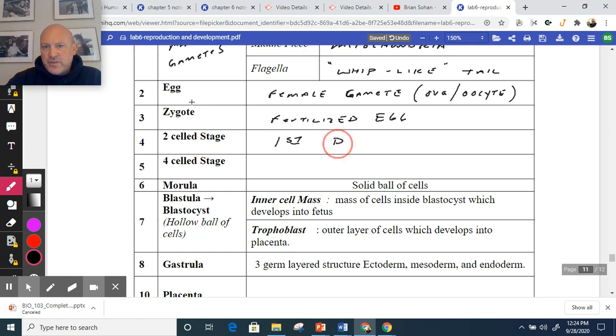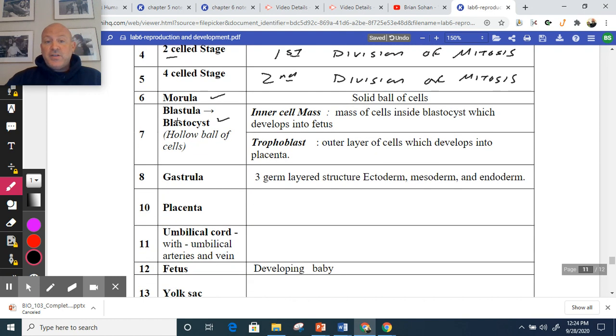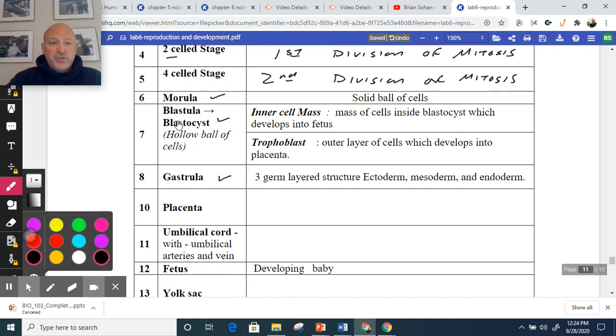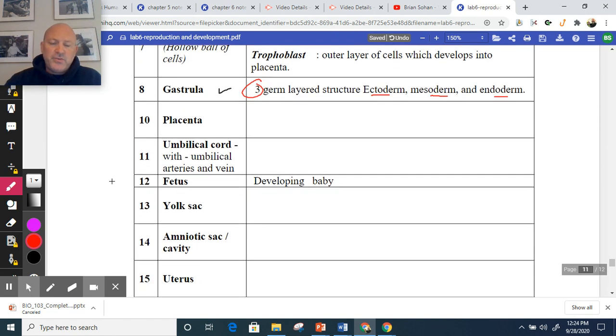So after the first division of mitosis, we have what's called the 2-cell stage, and then we have the second division, which brings us to the 4-cell stage, followed by the morula stage, and then the blastula stage, and then the gastrula stage, which is featured by the presence of the 3 germ layers, including the ectoderm, the mesoderm, and the endoderm. Remember, these 3 germ layers are going to differentiate into all the tissues of the body.